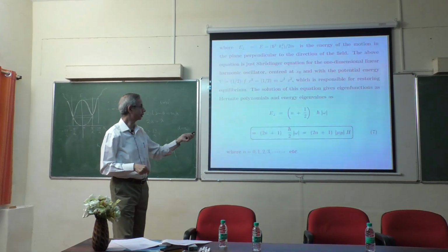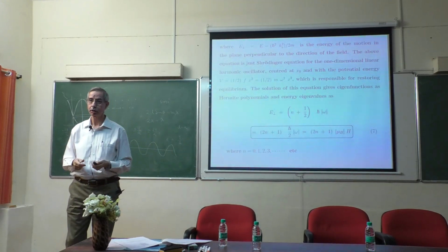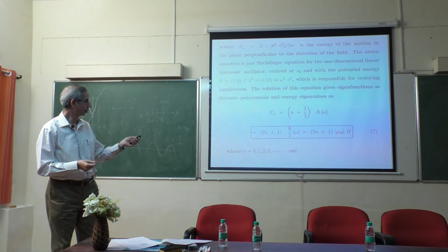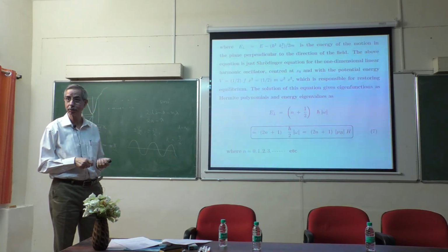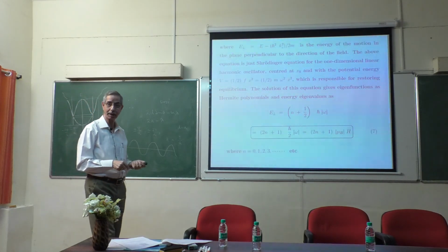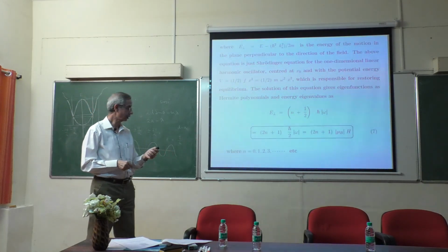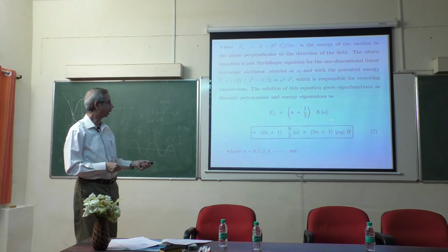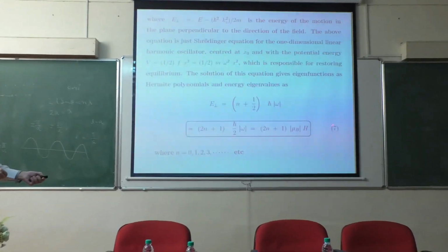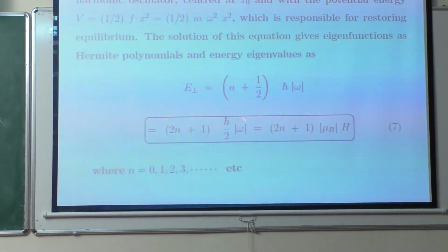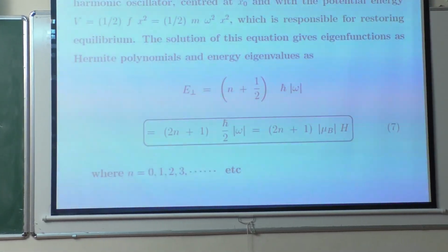Since it has this oscillator form, its eigenfunctions would be Hermite polynomials, and the energies are discrete, n times h cross omega. So you can write it in this form and substitute for this in terms of the Bohr magneton.